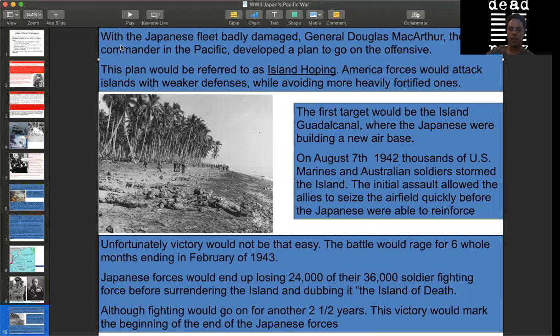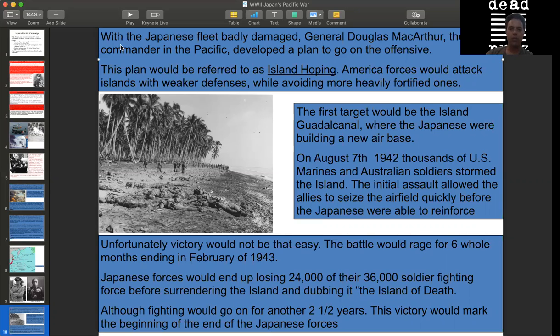So on August 7th, 1942, thousands of U.S. Marines and Australian soldiers would storm the island. The initial assault allowed the Allies to seize the airfield and quickly destroy it before the Japanese were able to call in for reinforcements. Unfortunately, victory would not be that easy because reinforcements would arrive.